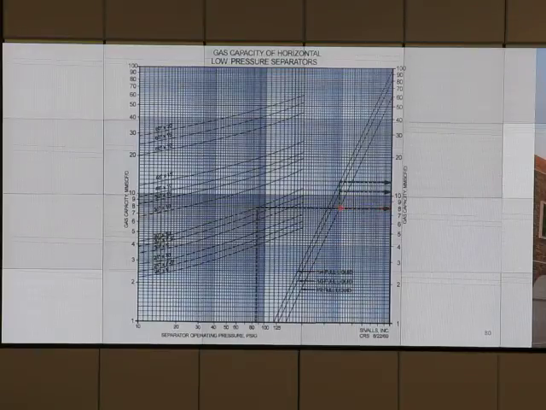If we do 1/3 full, we go up a little bit to reach that line and then turn right. If we do 1/4 full, we go up more and turn right. So this is the gas capacity, right? If we have less and less liquid, it handles more gas.